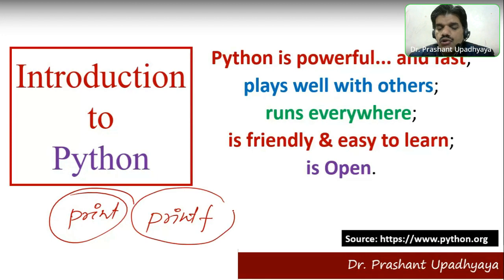So you can see there is a small difference between print and printf. When we are writing code, we prefer that the syntax should be very easy. If I want to give an input, and the syntax is input, then it is very easy for me to write the code. If the syntax is output, I think the programming language is very easy for anyone to understand.